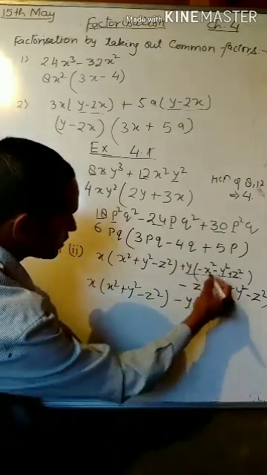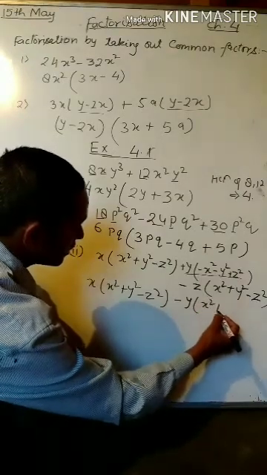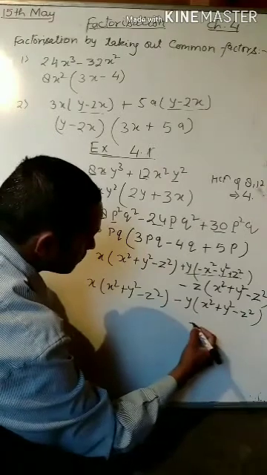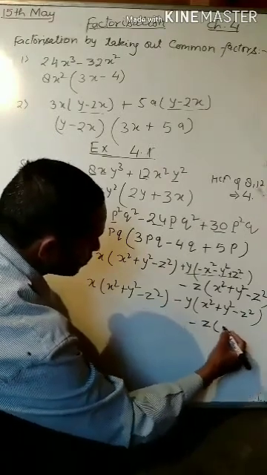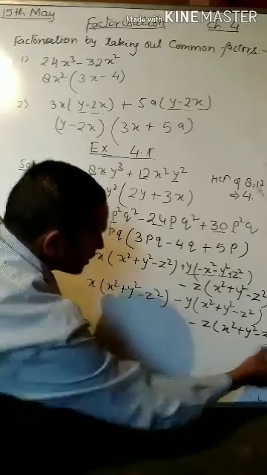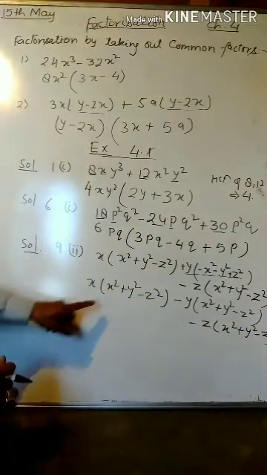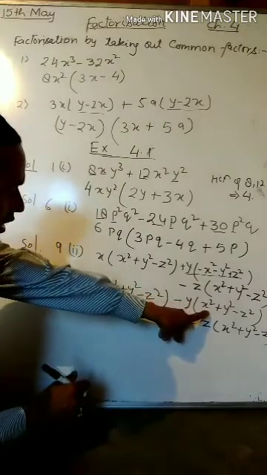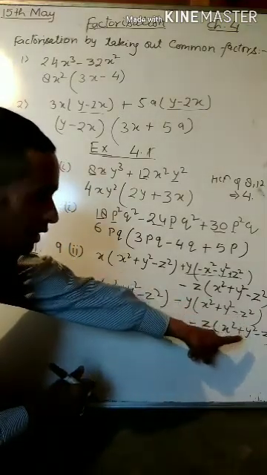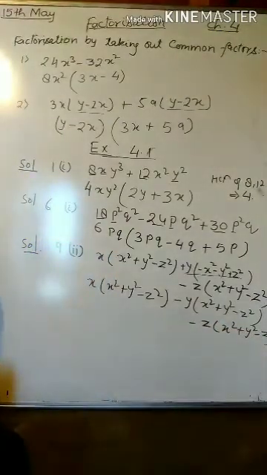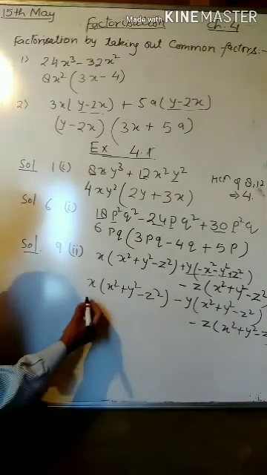So it will become plus x square plus y square minus z square, minus z into x square plus y square minus z square. Now see, x square plus y square minus z square is common in all three terms.